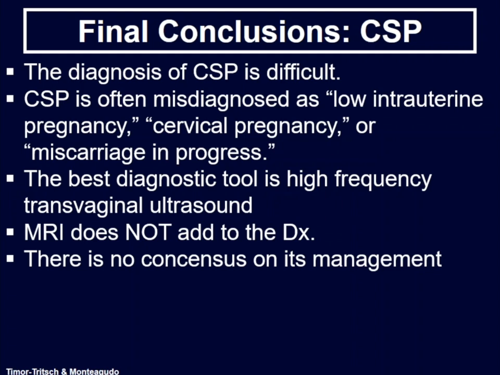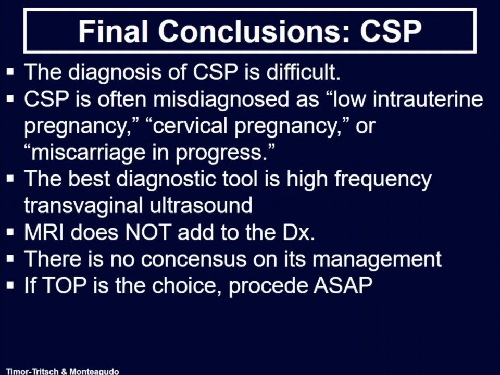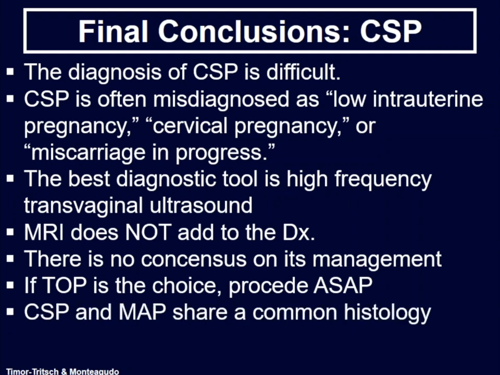There is no consensus on its management. If termination of pregnancy is the choice, proceed as soon as possible, since every day that you delay the treatment enlarges the pregnancy and its vascularity.